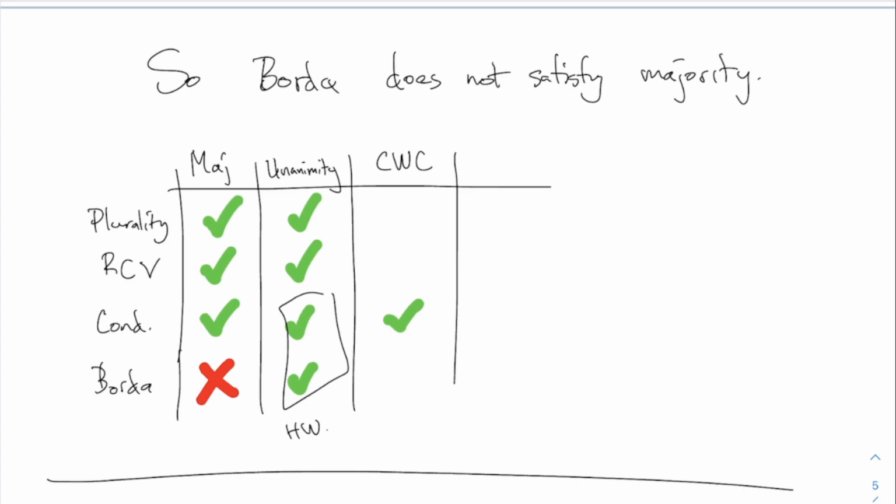But the other ones are a little more interesting. What about the plurality, for example? In the plurality system, if there is a Condorcet winner, is it guaranteed that they are going to be the winner of the election? Is it possible for somebody to be a Condorcet winner but still lose the election if it's the plurality?